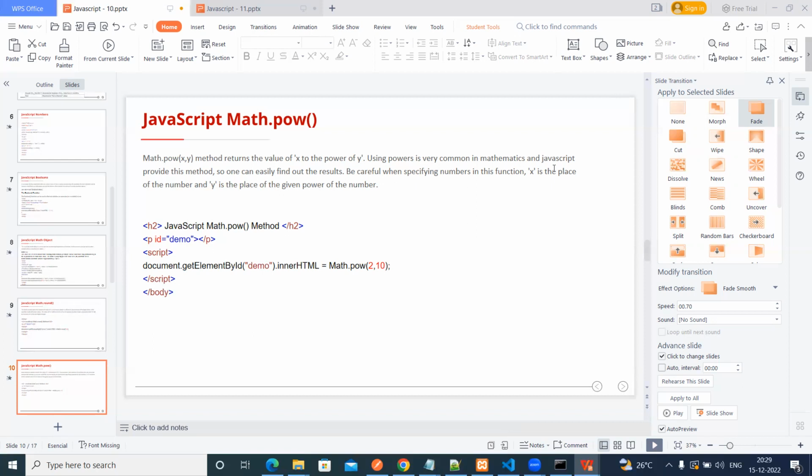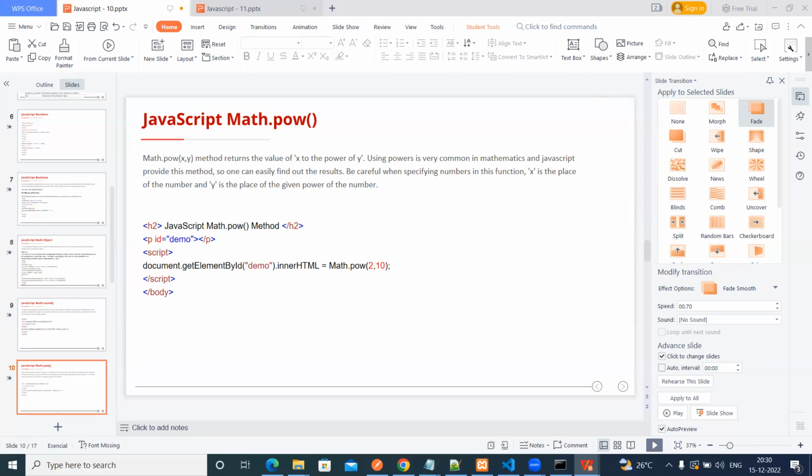To find the power, JavaScript provides the default method Math.pow. In this we provide two parameters. First one is the base value, second one is the power value. Don't confuse them.